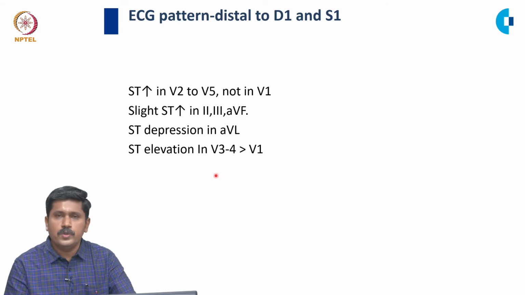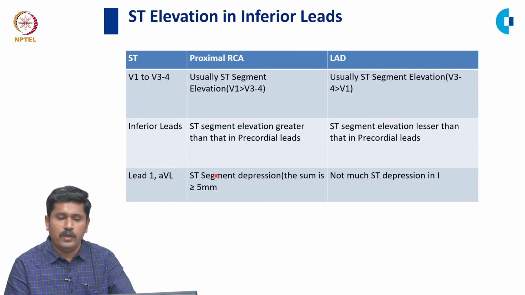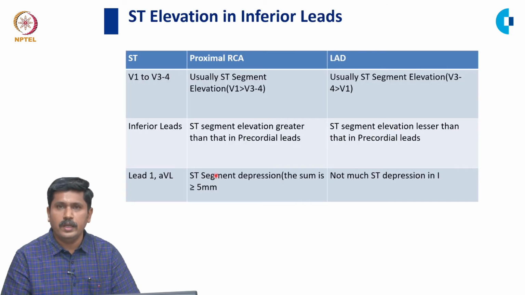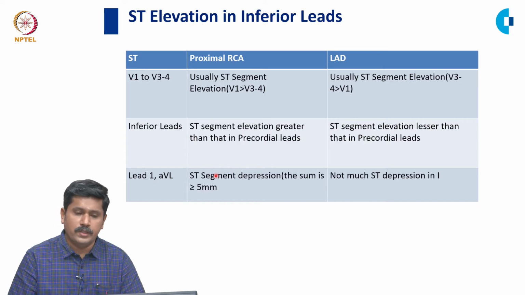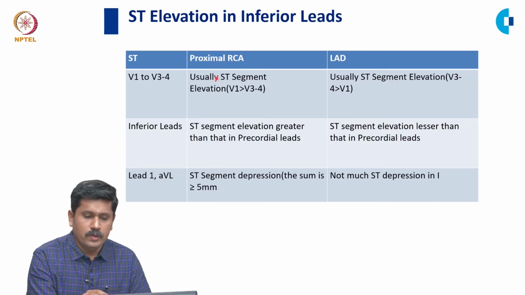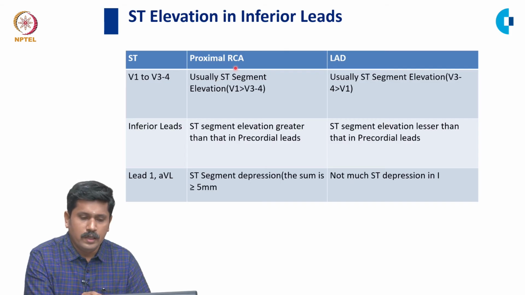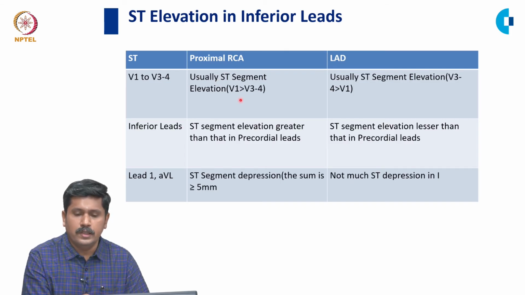Here we get confused with a lesion in the right coronary artery occlusion, that is an inferior wall MI, wherein you see the ST elevation in the inferior leads, and sometimes if there is RV involvement, you see an ST elevation in V1. So it helps to differentiate between a lesion in the proximal RCA causing that ECG pattern or an LAD lesion causing that one.